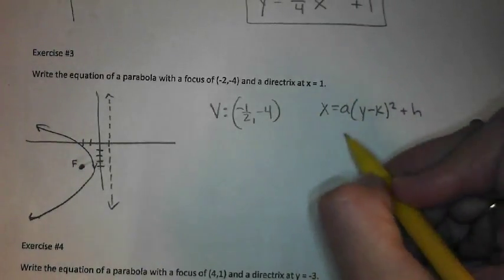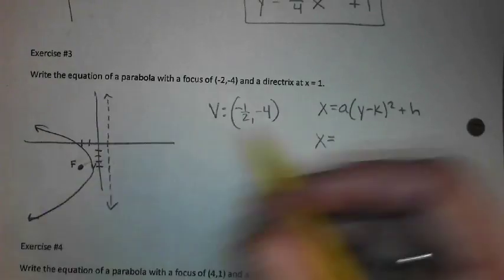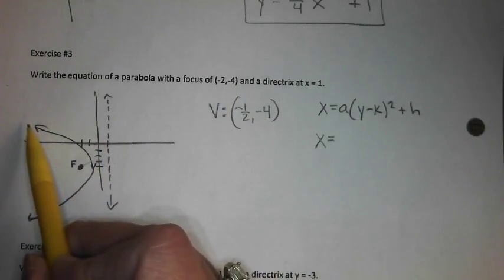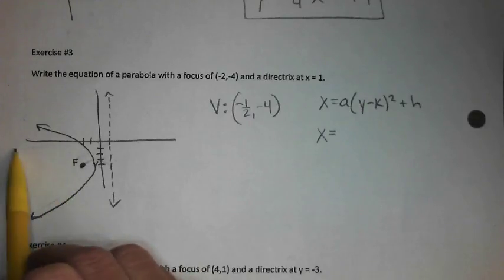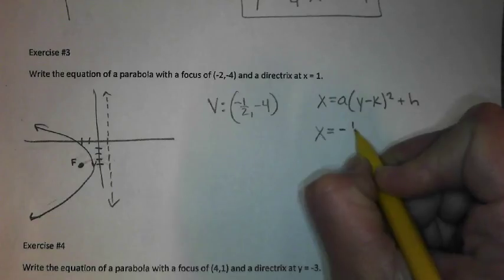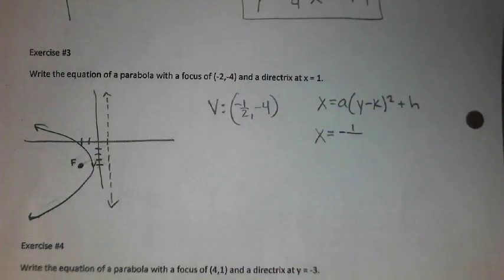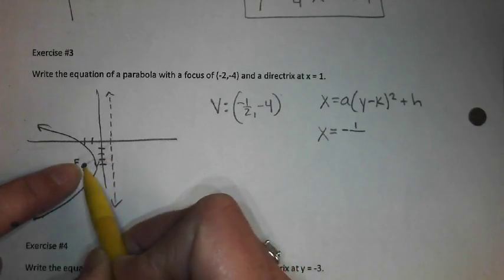And I'm going to plug in x equals my a value. Again, look up here. It's opening towards the negatives, so it's a negative a value. It's 1 over twice the distance between the focus and the directrix. Nate told us already they were 3 units apart. Focus to directrix, 3 units.